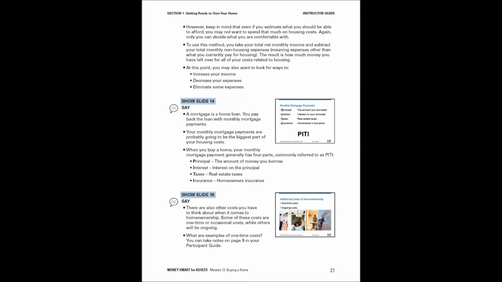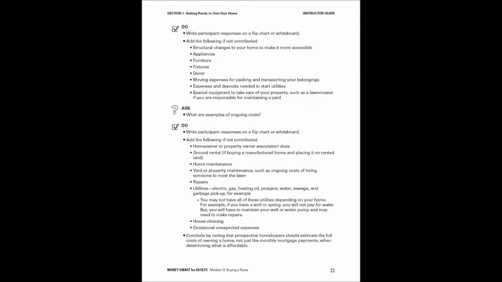Now, slide 14 gets into the monthly mortgage payments, the PITI: principal, interest, taxes, and insurance. So you're explaining to your participants that that makes up the housing payment. Then also you're looking at the fact that there are other costs that they're going to incur. There are one-time costs, and then there are ongoing costs of home ownership that must be considered.